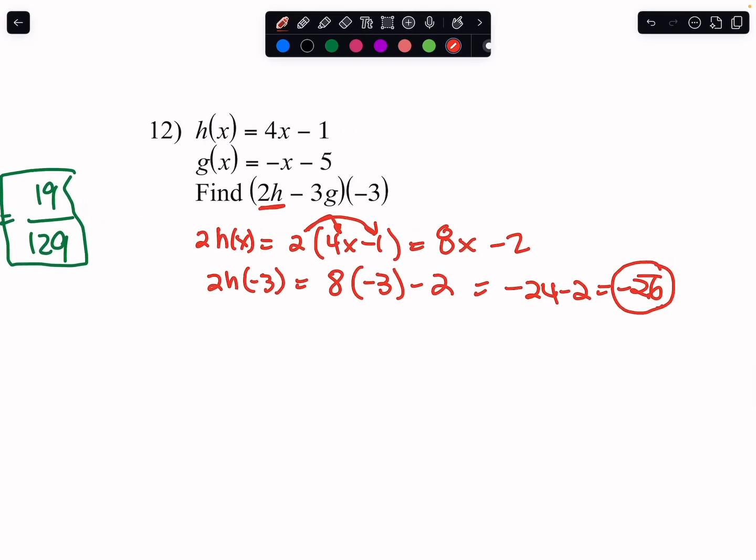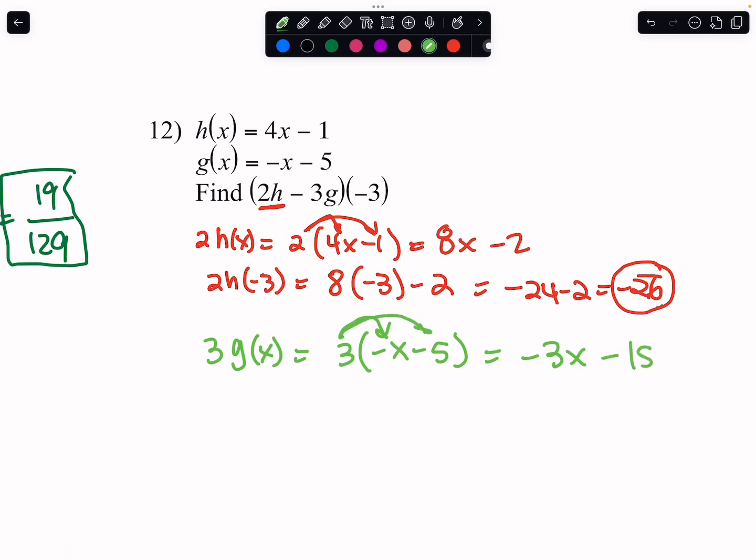Then I have to multiply 3 times the g. Three times g of x. So that's going to be 3 times -x minus 5. That ends up becoming -3x minus 15.